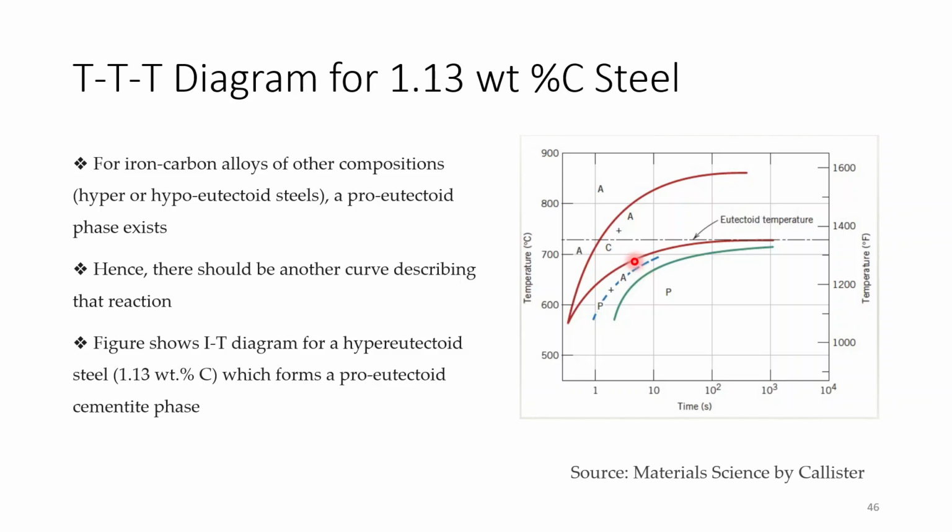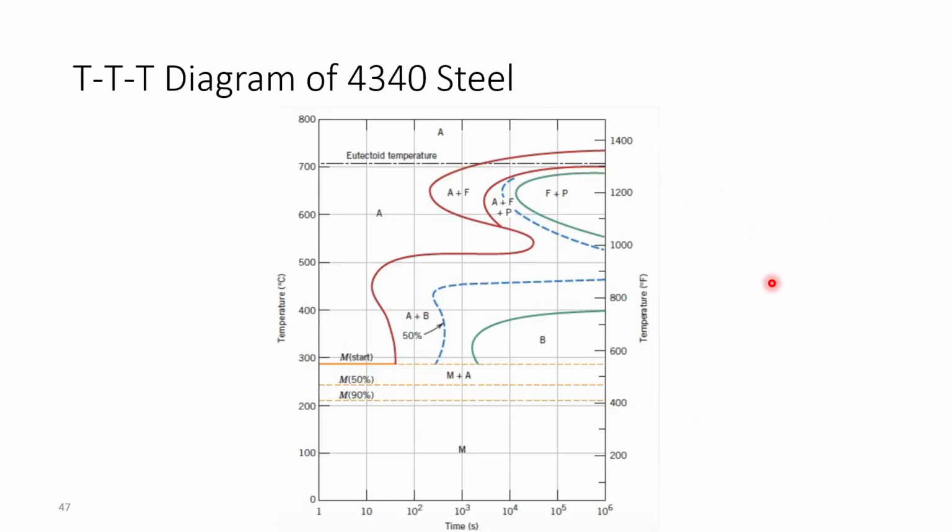The remainder of the austenite converts into pearlite, where this austenite will be having the composition of eutectoid steel. Okay, and this cementite will start forming even above the eutectoid temperature. This is the TTT diagram of 4340 steel, which will be having a bay as well.